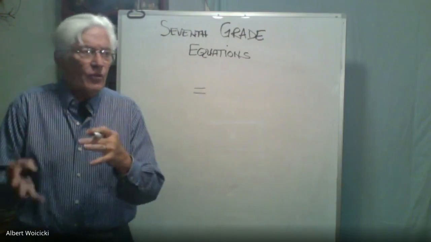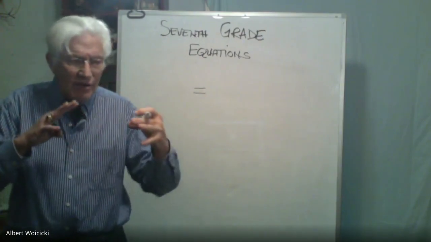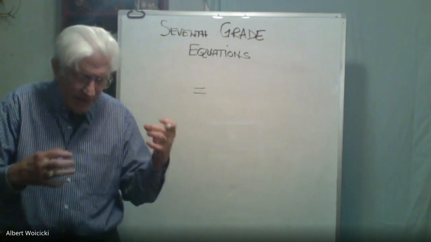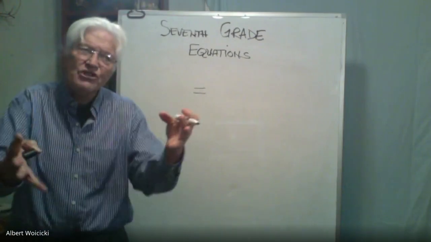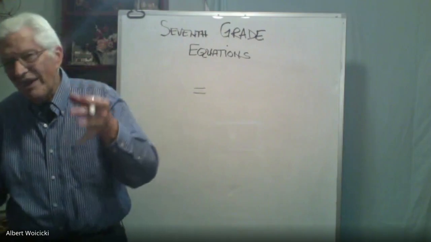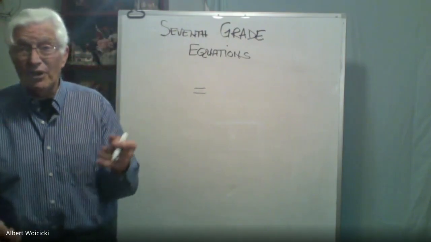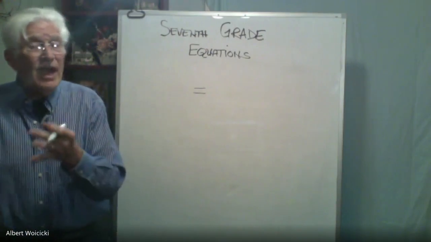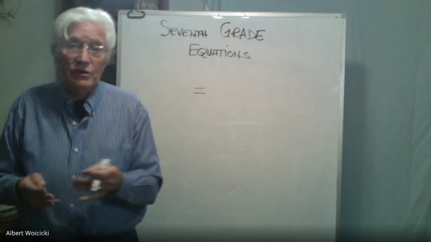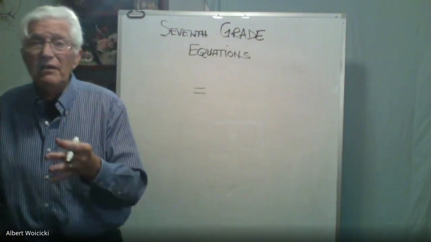And if you're not quite ready, how do I push this on kids? How do I direct kids on this? Because seventh graders, not all of them are going to be ready for equations. They have to understand integers first, positive and negative integers.